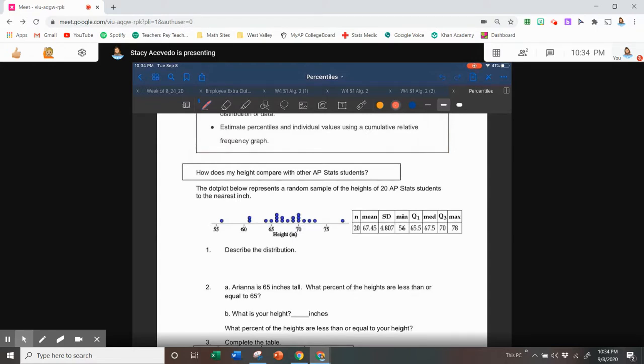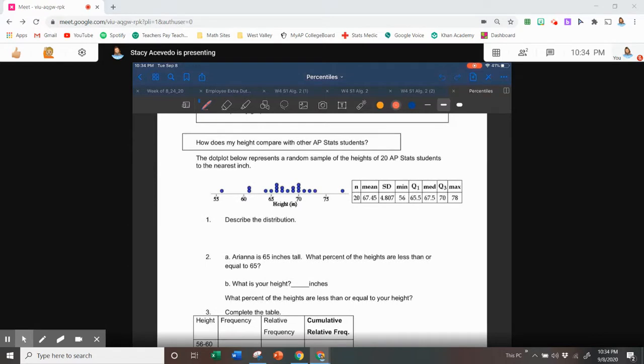So first off, let's do some review. Go ahead and describe the distribution. All right, so just remember you want to describe the distribution using shape, outliers, center, and variability in context. So we're dealing with AP Stat student heights.